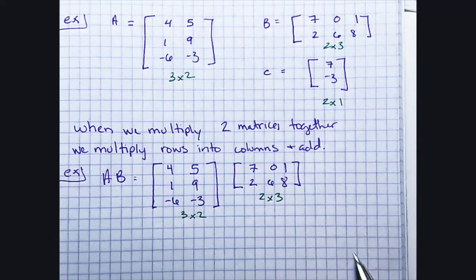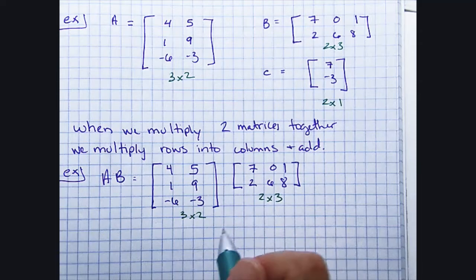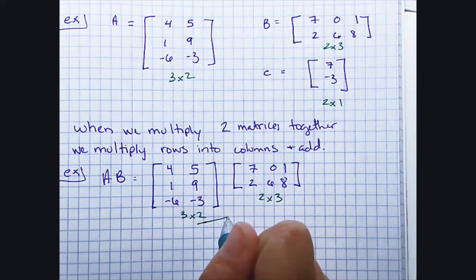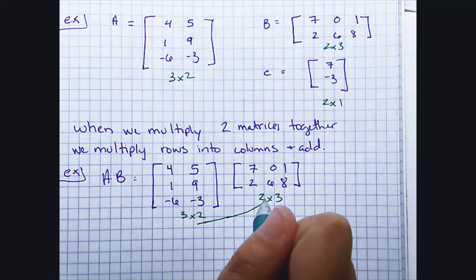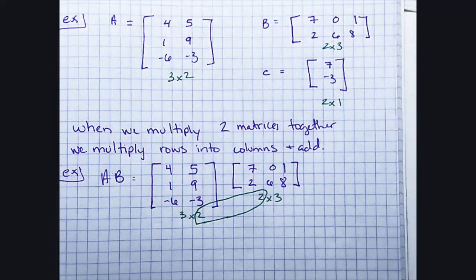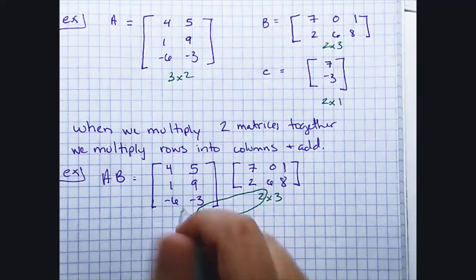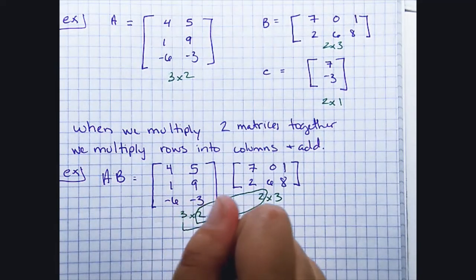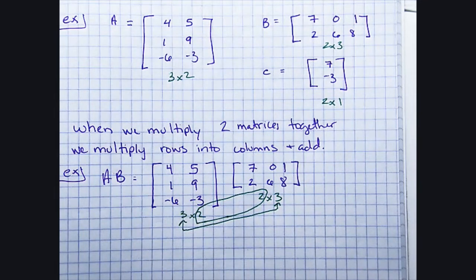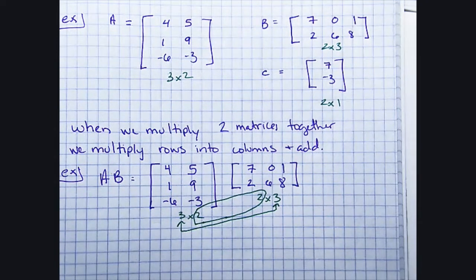And so when you're multiplying matrices, the number of columns in the first must equal the number of rows in the second, that means the inner numbers match, or are together. And then what's cool is the numbers that are left give us the dimensions of the answer matrix. So this will be our number of rows, and this will be our number of columns. So this is going to turn into a 3 by 3 matrix.